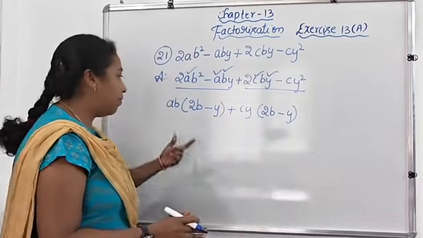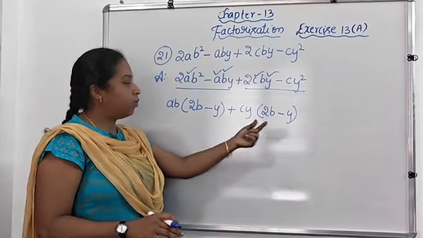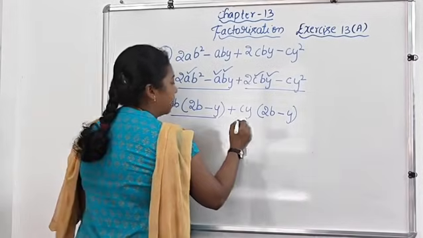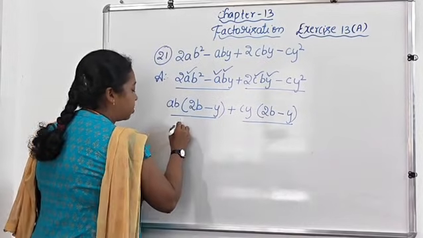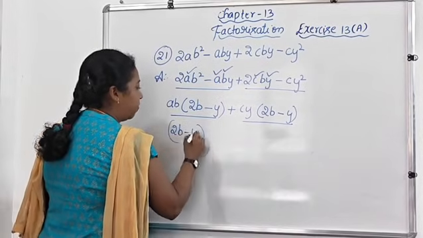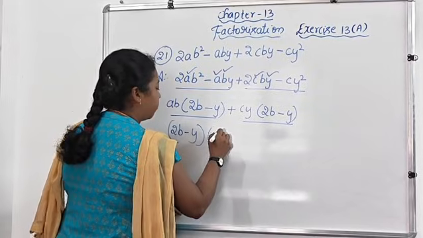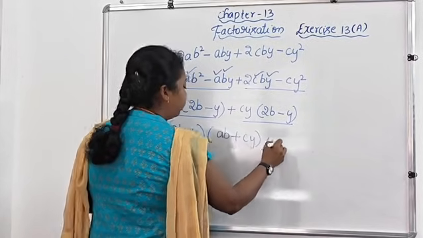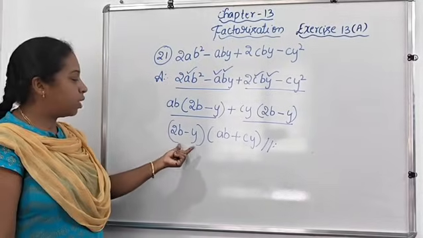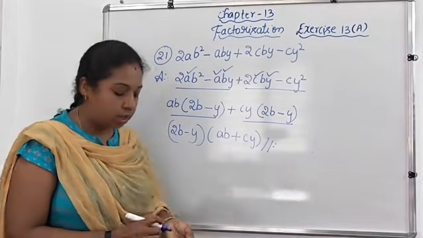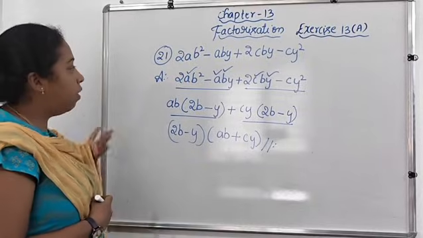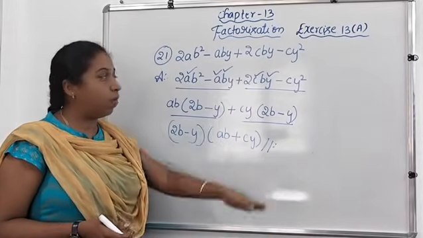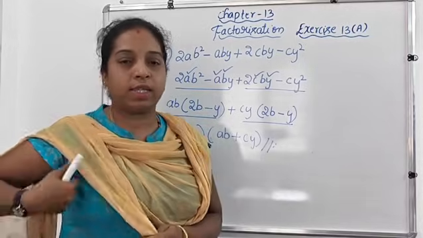Yes, we got the common factor 2b minus y, 2b minus y. So let's take out this common factor, that is 2b minus y, then remaining is ab plus cy. That means 2b minus y into ab plus cy are the factors of 2ab square minus aby plus 2cby minus cy square.